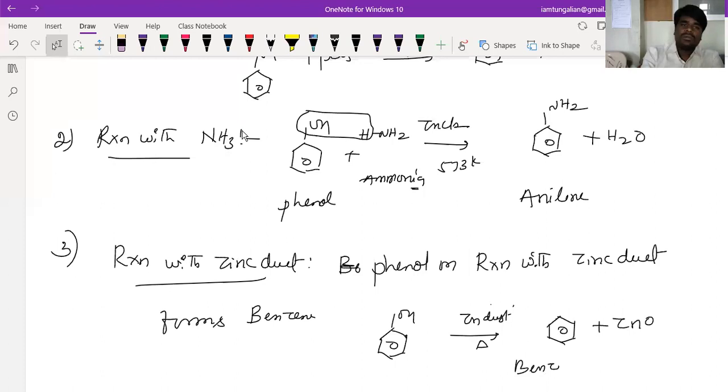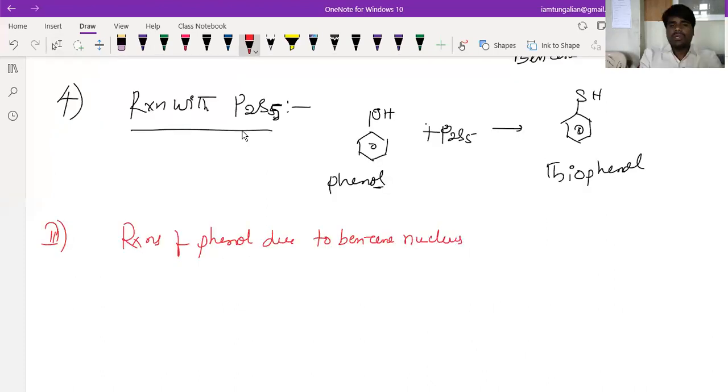Reaction with zinc will form benzene. Suppose I react with P2S5, beta.